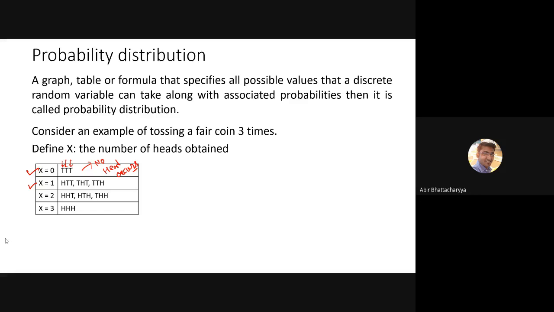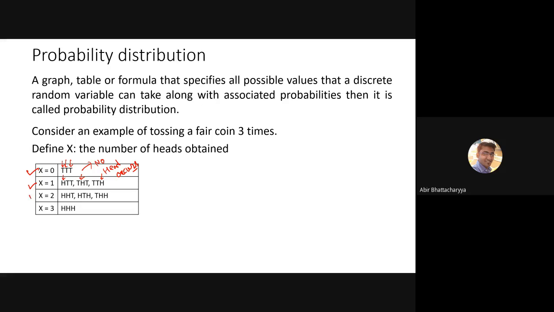The next possible value of the random variable is 1. 1 means only one head occurs. And only one head occurs means in how many ways is it possible? It can occur in the first toss, in the second toss, or in the third toss.